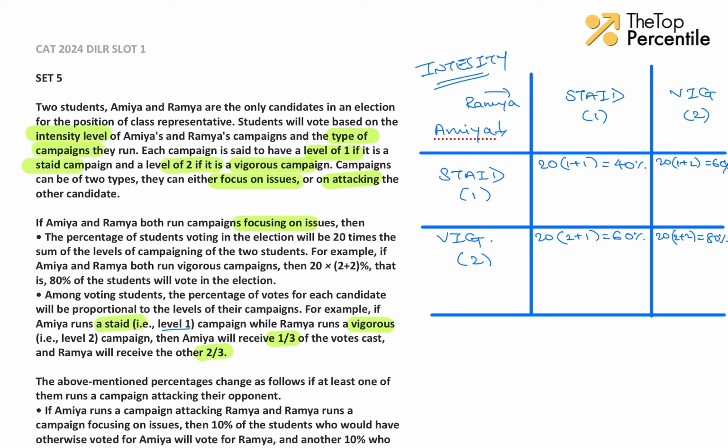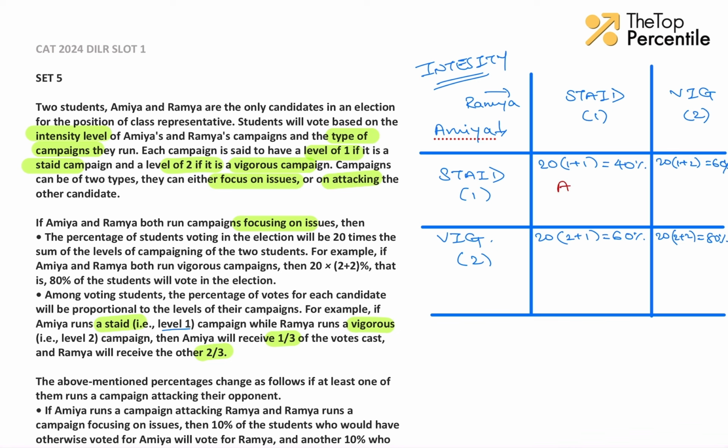So for Amya and Ramya individually, how will the data look? I know that the candidate who runs a vigorous campaign will receive two-thirds of the vote, and the one with a staid campaign will receive one-third of the vote. But when both of them run the same intensity level campaign, they'll earn equal votes.